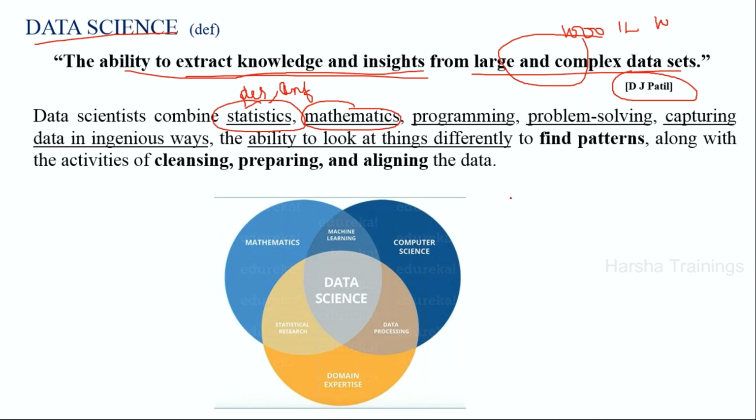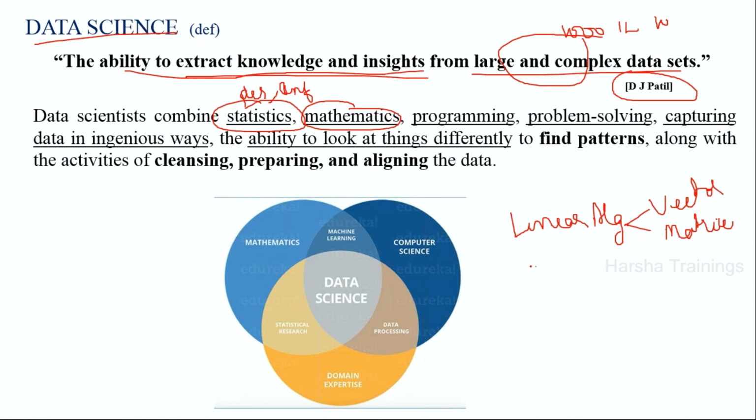What kind of mathematics should the student know? One is linear algebra, that means vectors and matrices. A student must have this basic knowledge. In one of my chapters I discuss how all mathematical operations can be done.